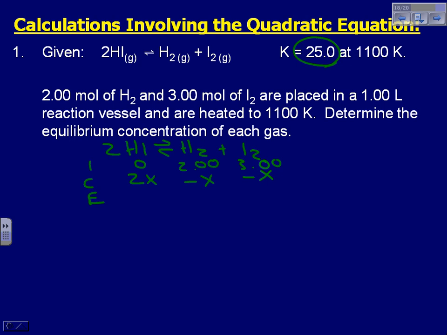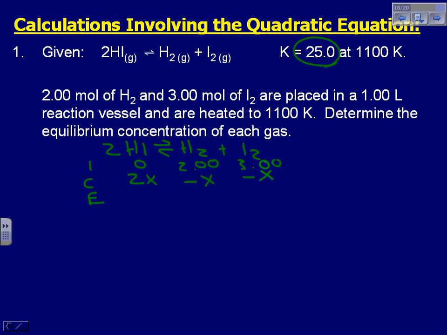Even if you did it backwards and put minus, plus, and plus, you would take the negative root. That would give you the correct answer. There's always going to be one root that gives you an absurd scenario, and you can always discount one of the roots. When I say absurd, it means that it results in a negative equilibrium concentration for something, and you can't have negative concentrations. In chemistry, a negative concentration is not a valid answer.